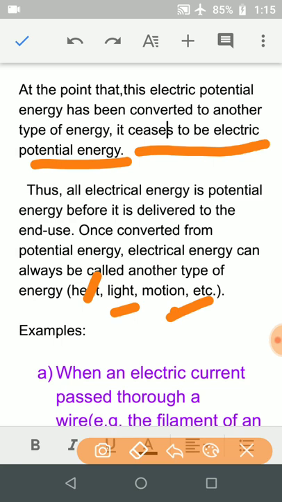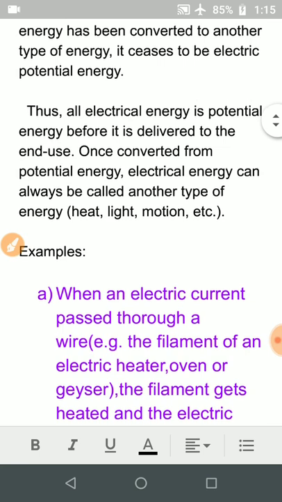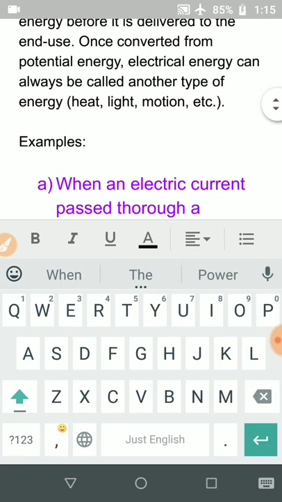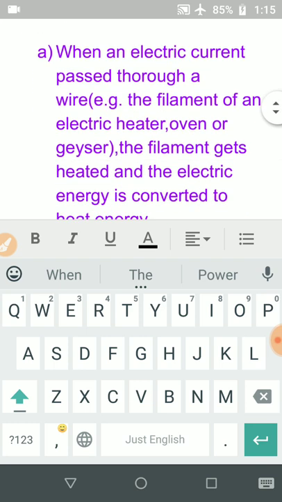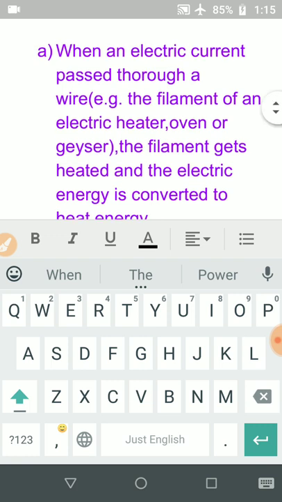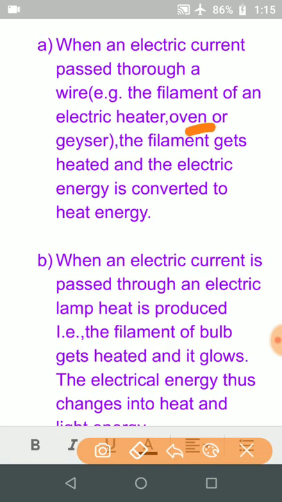Friends, let us discuss some examples regarding electrical energy. First example: when an electric current is passed through a wire, that is the filament of an electric heater, oven or geyser, the filament gets heated.